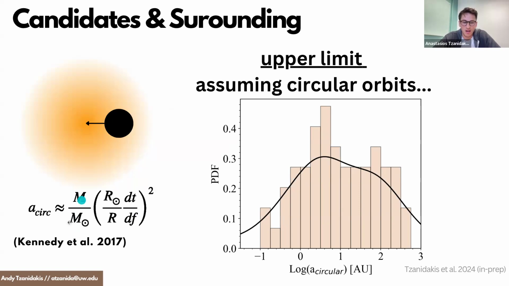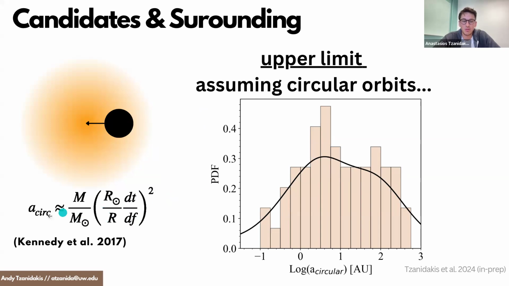Of course, this is dependent on knowing the mass and the radius of the star at play. These parameters we get from Gaia, and the change in flux that we're seeing here is basically telling us how fast the dimming events are happening.